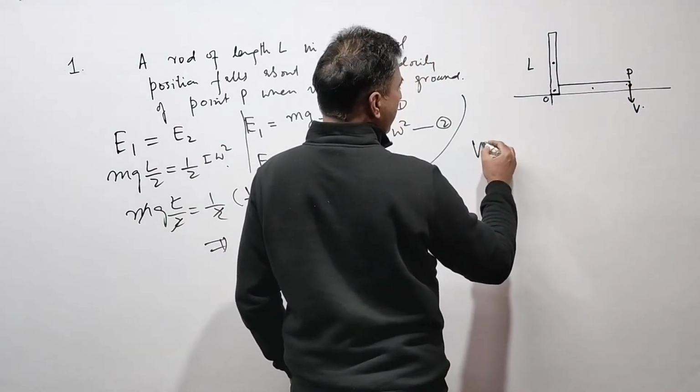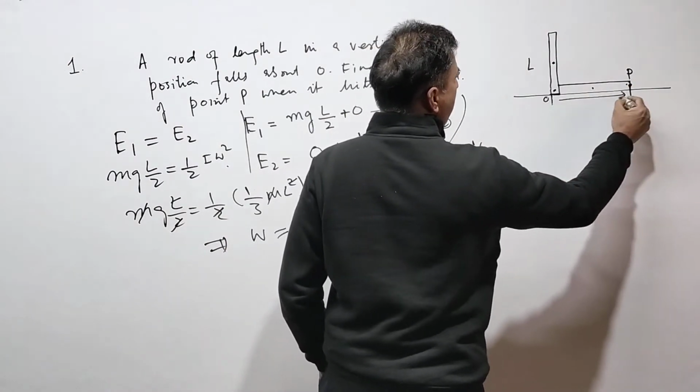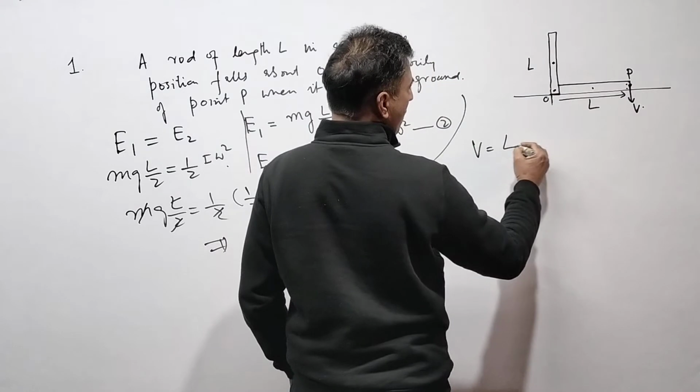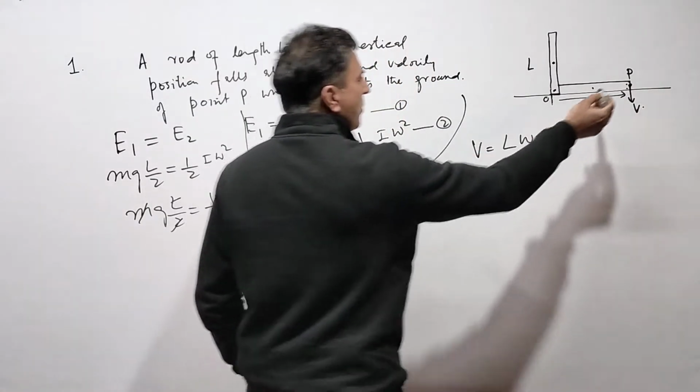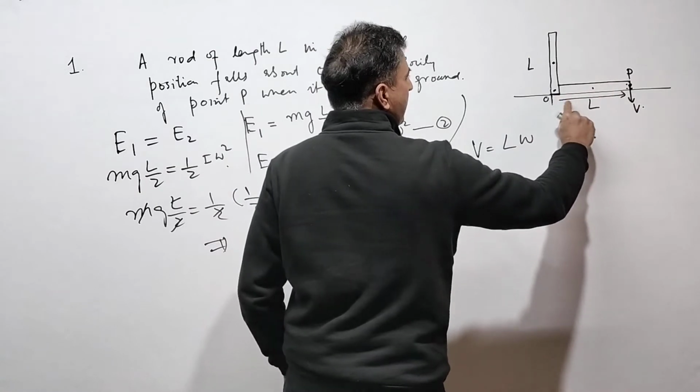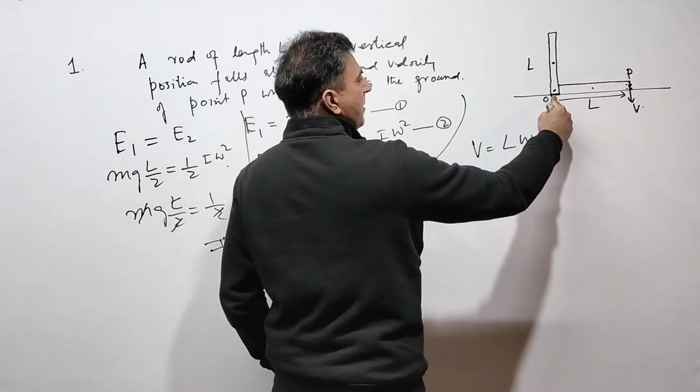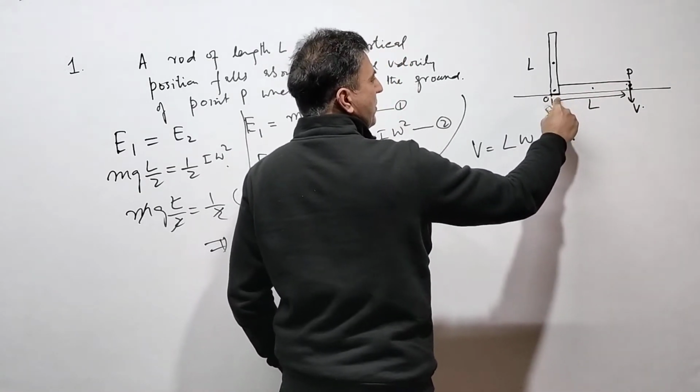So what is this V? V is L into angular velocity, L omega, right? That is the rule that we have. Velocity here is omega into the distance from the point about which it rotates.